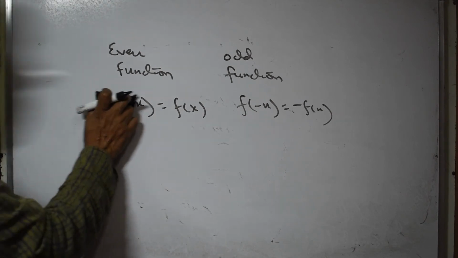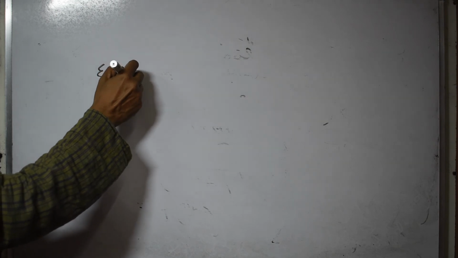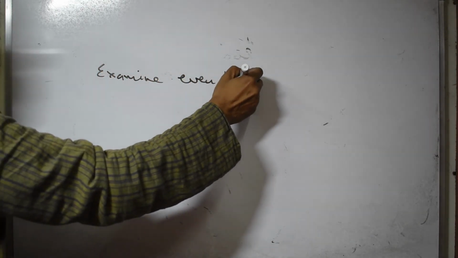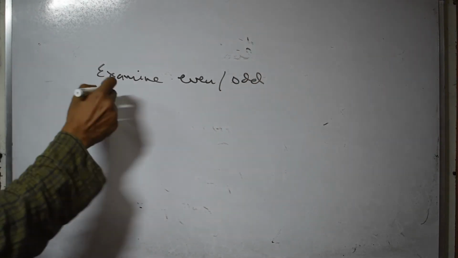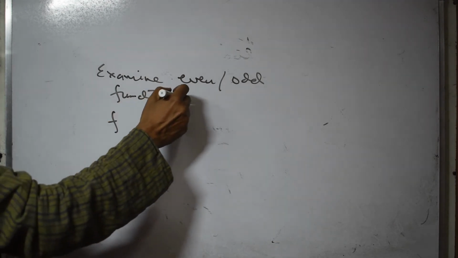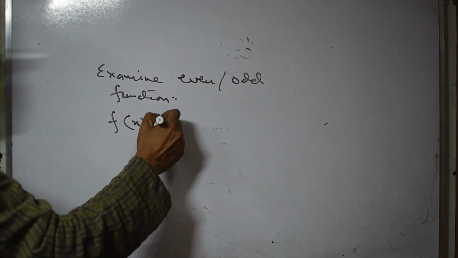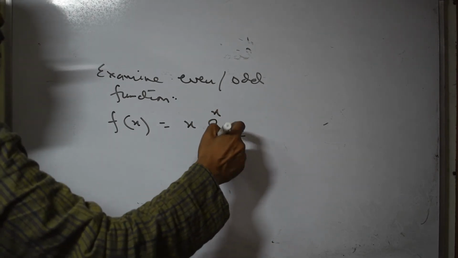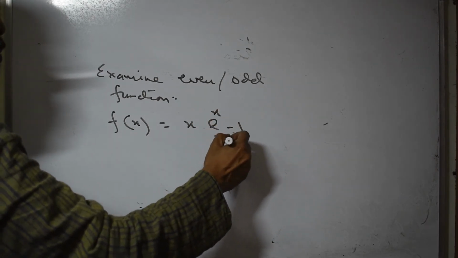Now, one problem I am showing: examine whether the function is even or odd. That means we are asking whether the function is even or odd. You need to find, f of x is equal to x into (e to the power x minus 1) by (e to the power x plus 1).